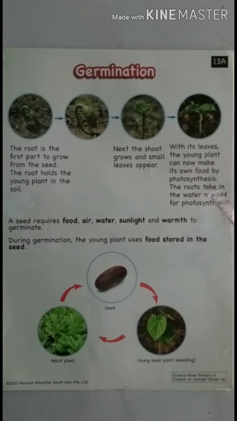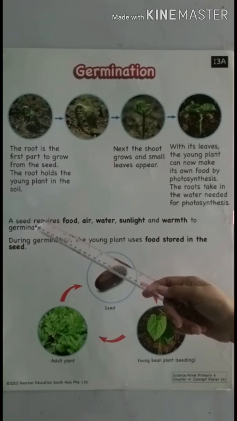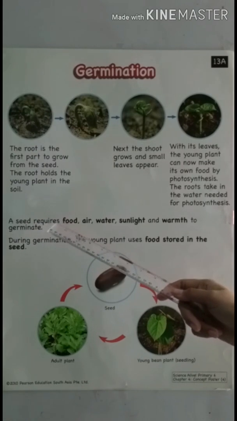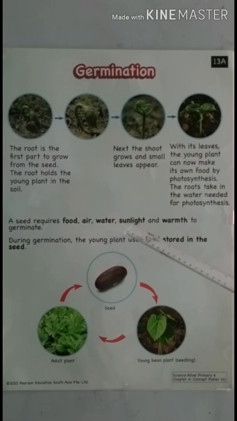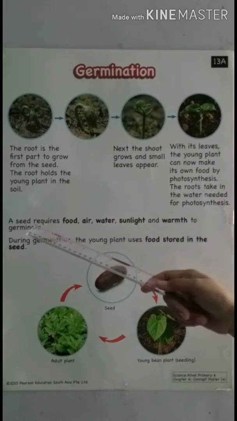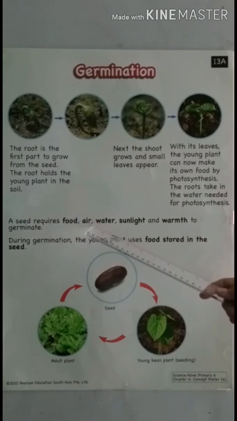The roots take in water needed for photosynthesis. A seed needs food, air, water, sunlight, and warmth to germinate.